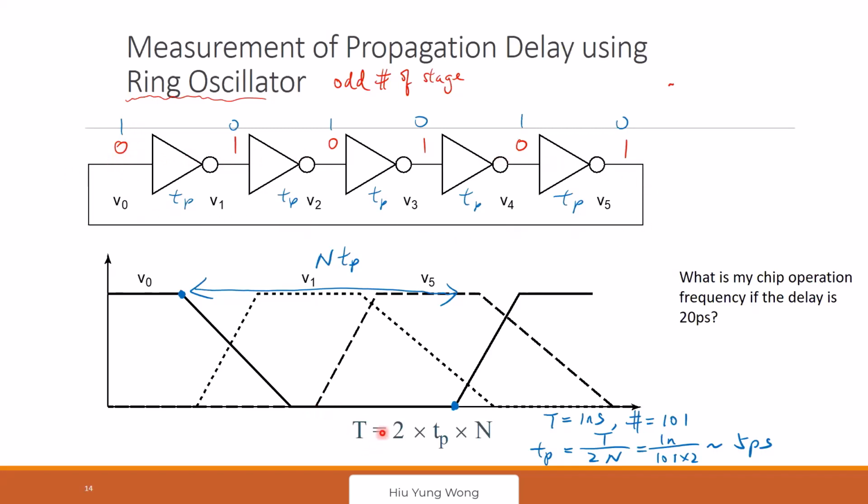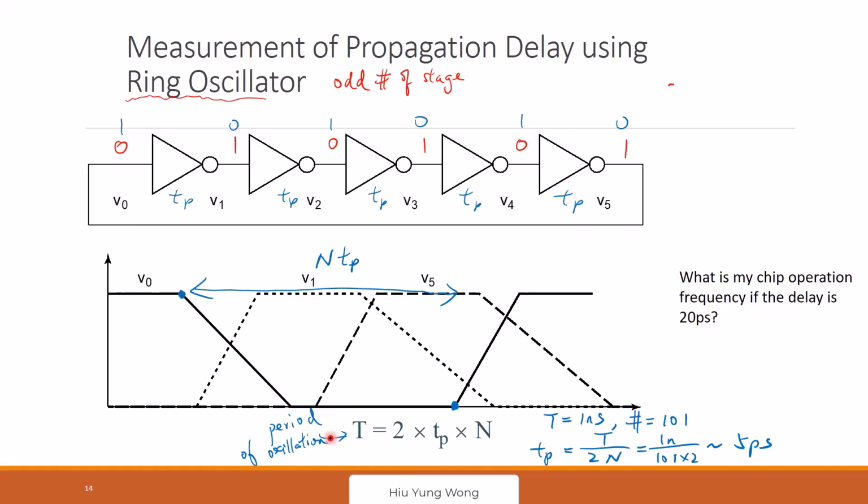So the period is 2 of this one. The period means you go back to your original state. This is the period of oscillation. Yeah, good question. This is something we always get confused.